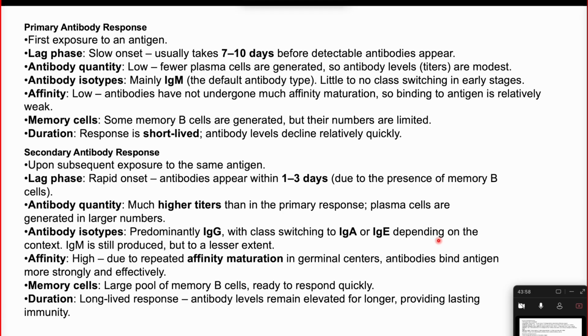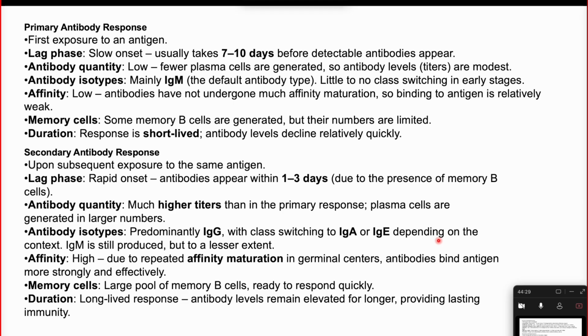Lag phase: slow onset, usually takes 7 to 10 days before detectable antibodies appear. Antibody quantity is generally low, as fewer plasma cells are generated, so antibody levels are modest. Antibody isotype is mainly IgM, the default B cell receptor, with little to no class switching in early stages.